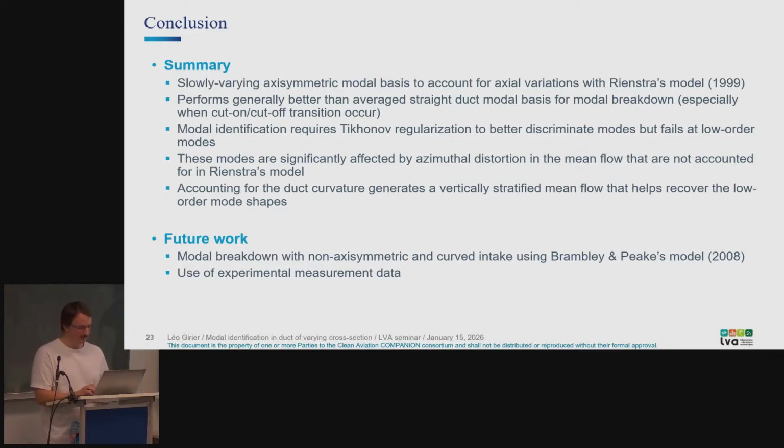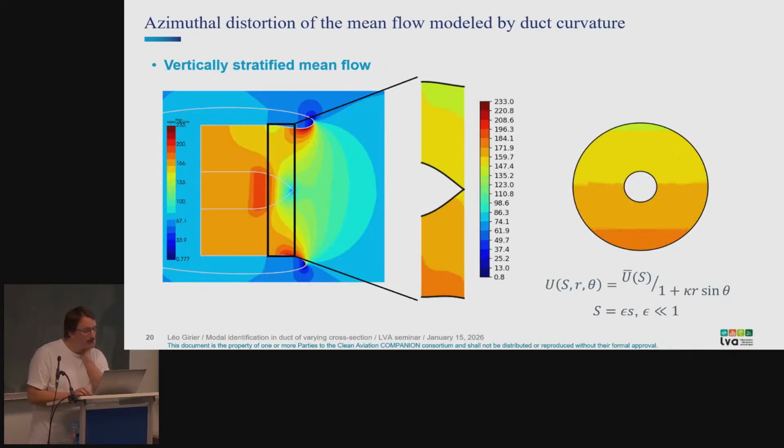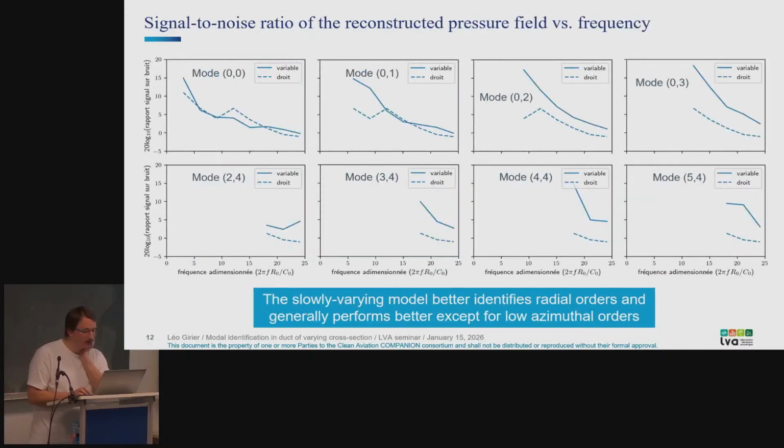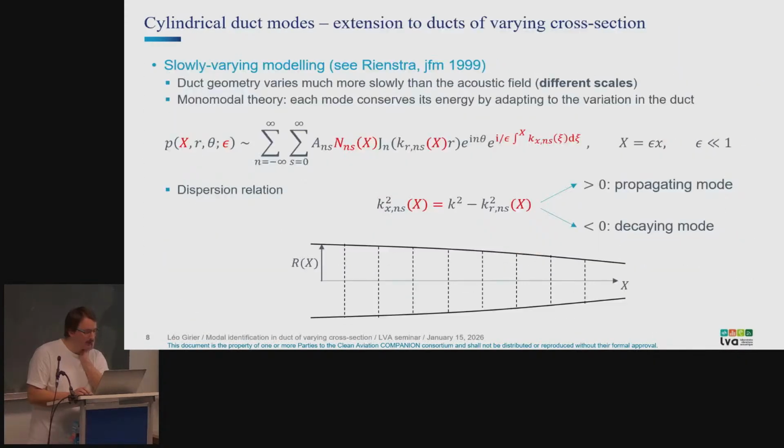We're talking about the technique of slowly varying modes. Are we considering only different geometries or any change in shape? Geometry and mean flow. That only occurs along the axial direction. It can change in any way, as long as it does so slowly.